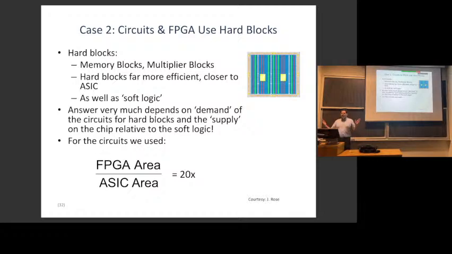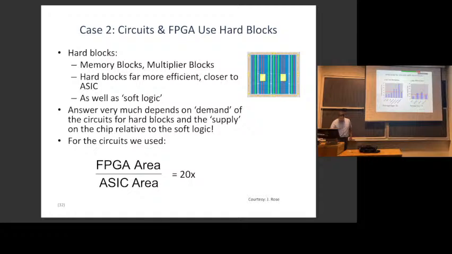They're just transistors. They have to connect to the programmable routing, so they do get programmable routing wires and muxes. That reduces their efficiency, but they're closer. So for the circuits used in this study, hard blocks improved things, but the gap was still 20x.